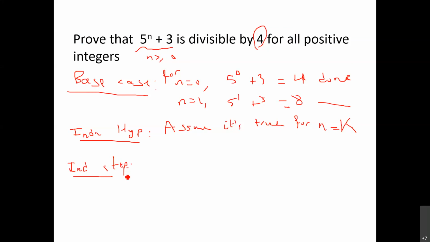Let's prove for n equals k plus 1. So we assume that this property is true for k. Then that means 5 power k plus 3 is divisible by 4. So this is just your given right now.